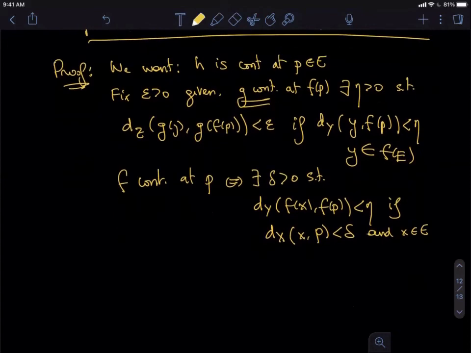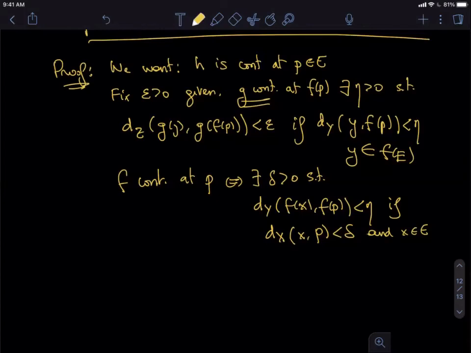First we are using eta as a delta for the definition of g continuous, but then we are using eta as epsilon for the definition of f continuous.